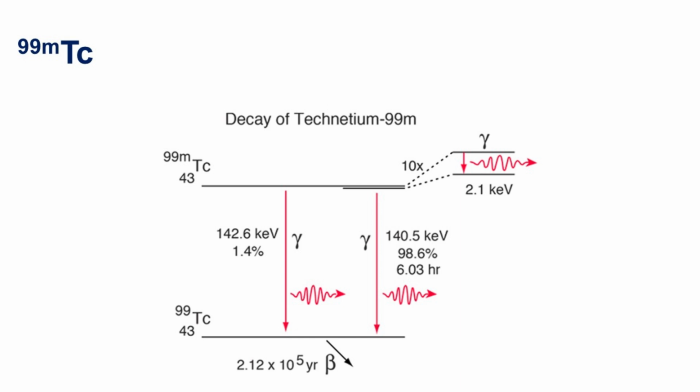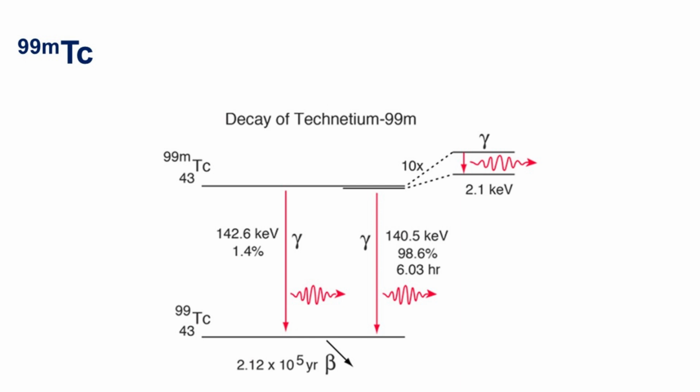That means that it's not going to do too much damage to you on the way out. The 6-hour half-life means that most of the emissions are going to happen when you're being examined, and also the emissions are very specific energy, which makes those emissions easy to detect, and the total activity inserted into the patient can be lower.